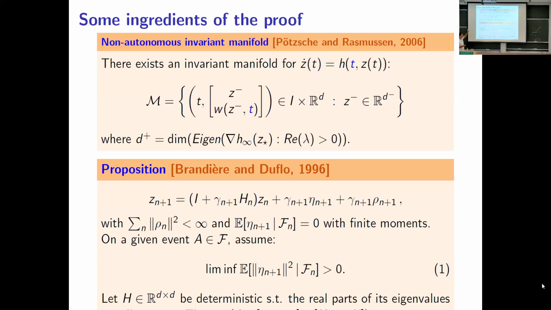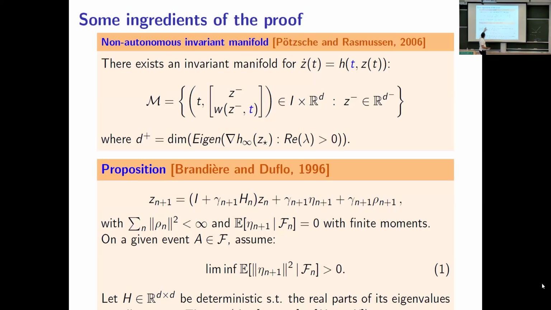So we are relying on this particular result from dynamical systems and another result from stochastic approximation. I will just go through it very quickly, but the important part here is that in the proof we will do some change of variable to come to this result to be used.